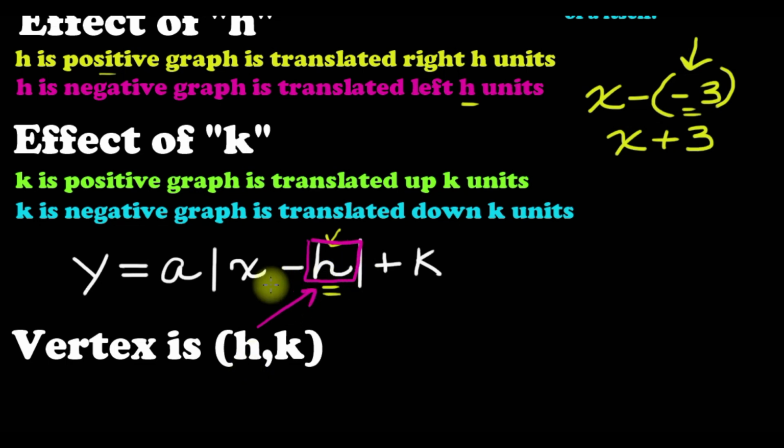If that was plus 3, then h is negative 3, because the minus is part of the standard form. And then the y-coordinate is just what k is. So that's how you come up with the vertex of the absolute value function.